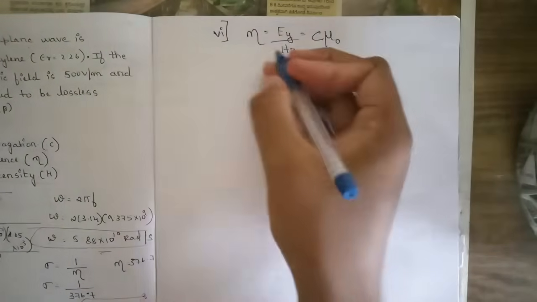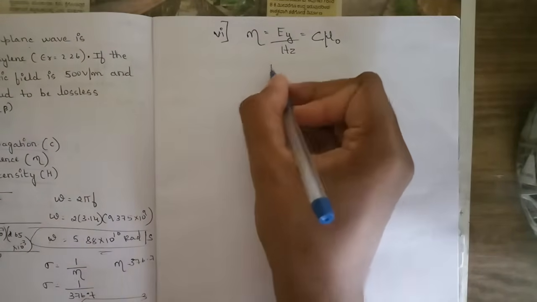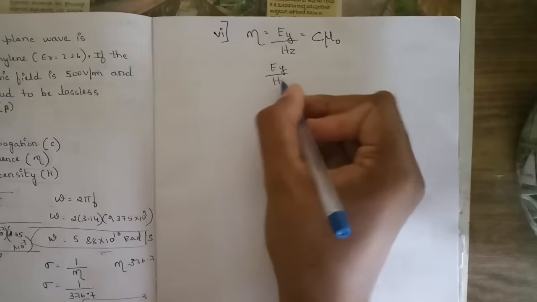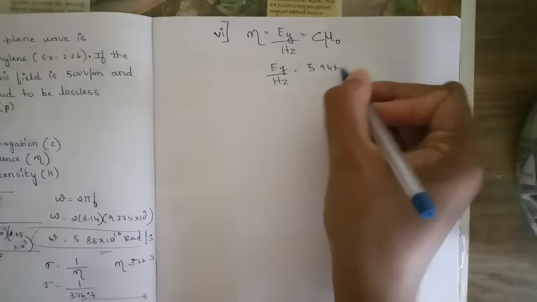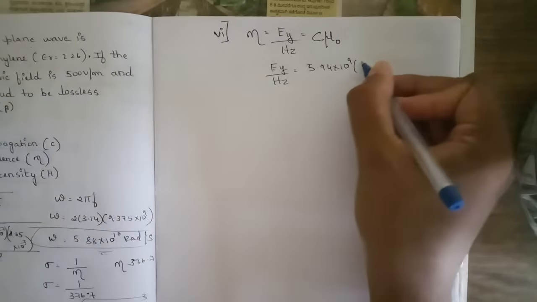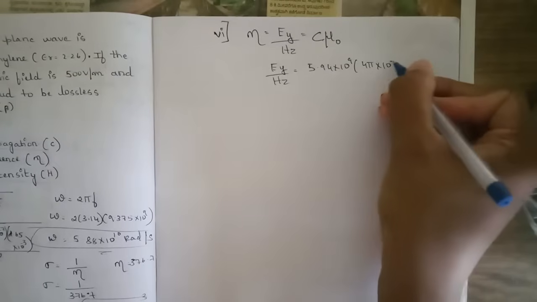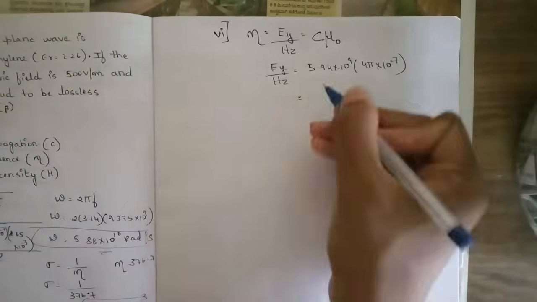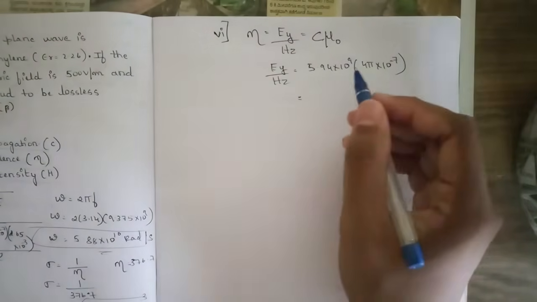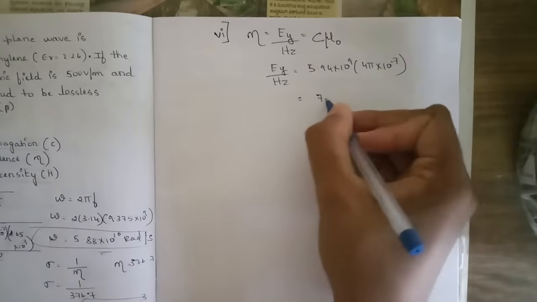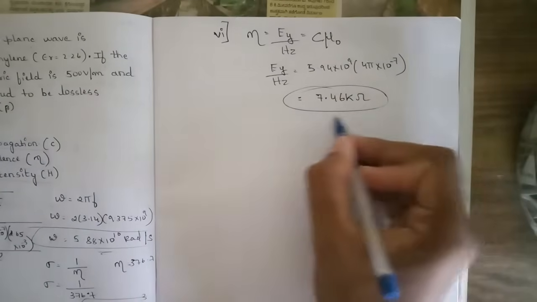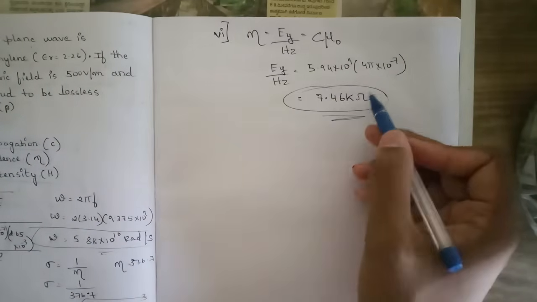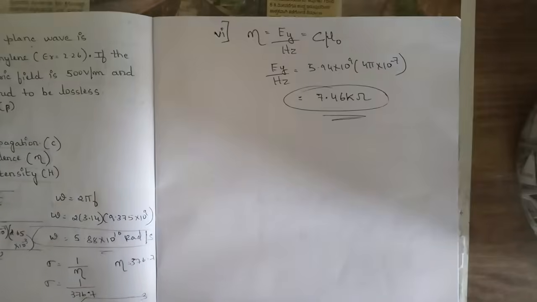We have derived this equation, so we need to substitute the value of c which we have got, that is 5.94 into 10 power 9, into the standard value of mu naught, 4 pi into 10 power minus 7. If we solve this, our value of intrinsic impedance is approximately 7.46 kilo ohms. Since impedance is represented in ohms, this is the value of intrinsic impedance.